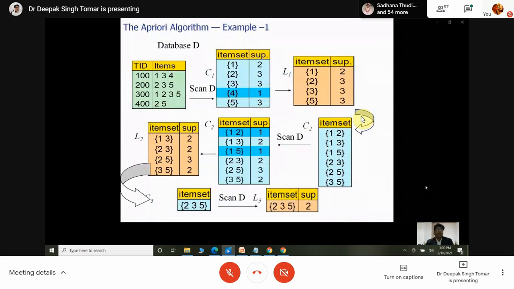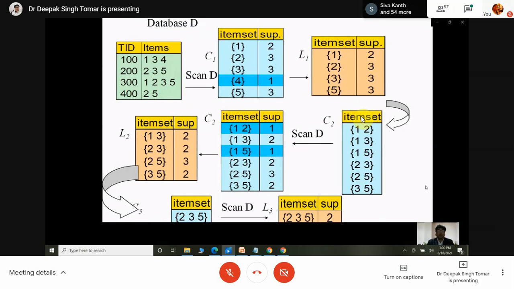Okay. So in the Apriori algorithm, we have to find out the item sets which are available. Here I am just showing you the memory, but actually it is a very difficult task because lots of candidate sets are generated.